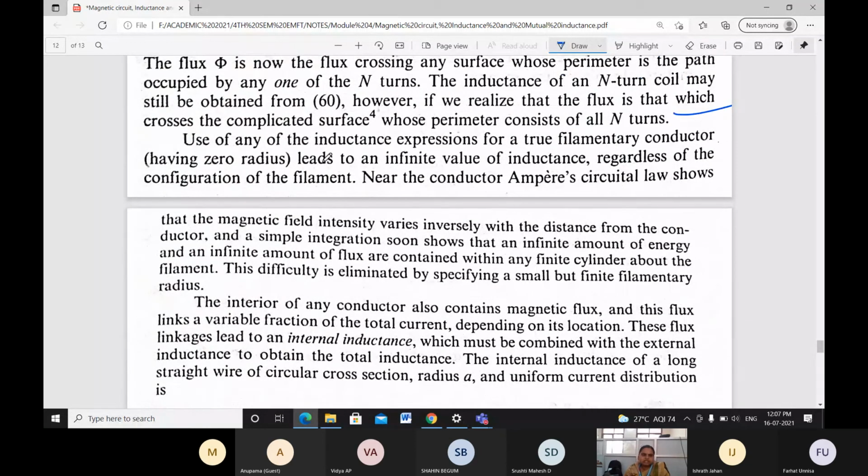Use of the inductance expression we took previously for a true filamentary conductor, which has zero radius, leads to an infinite value of the inductance regardless of the configuration the filament takes.